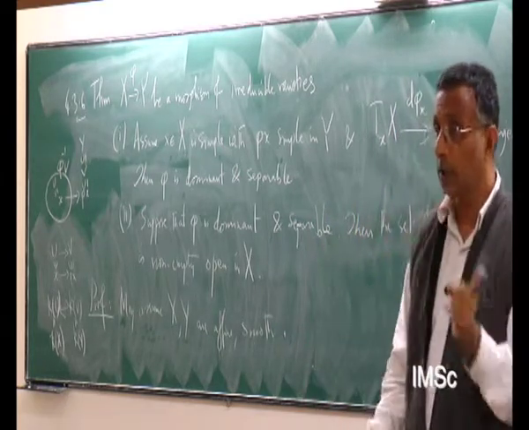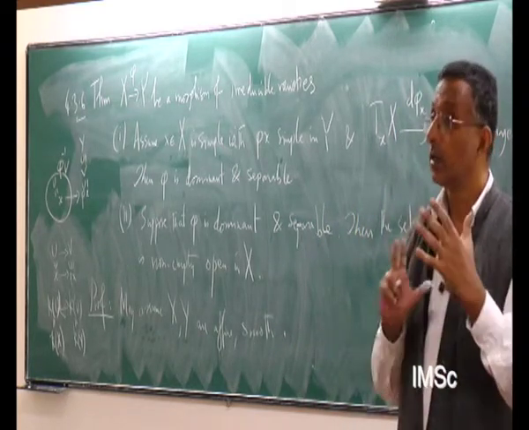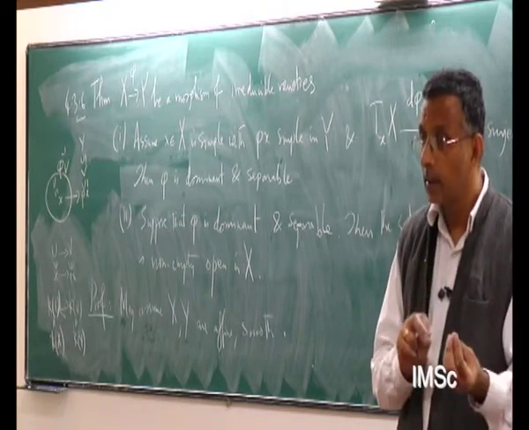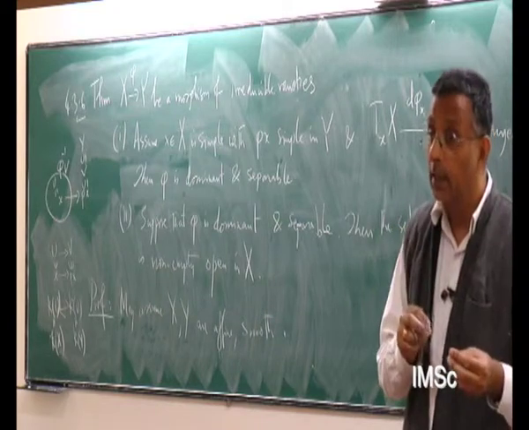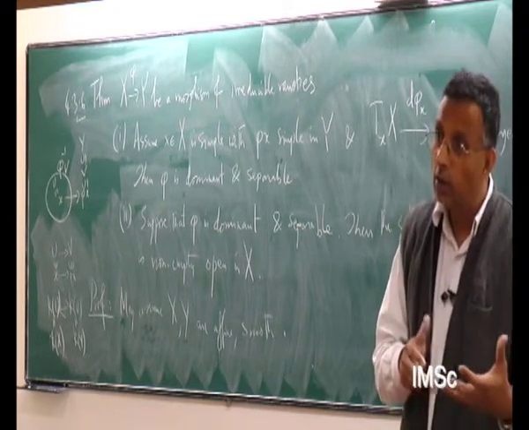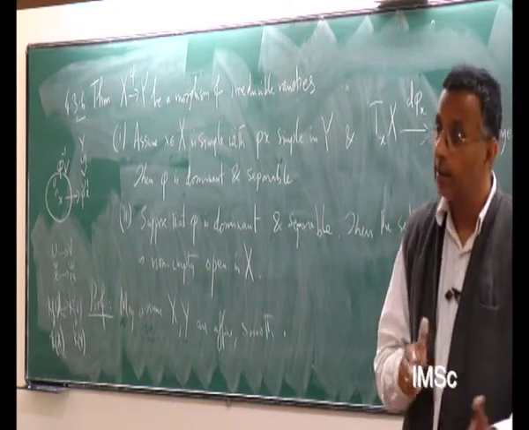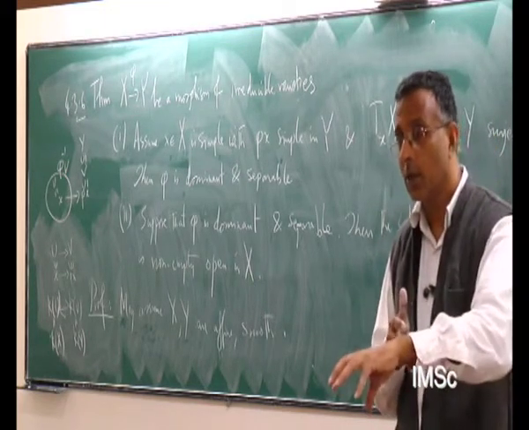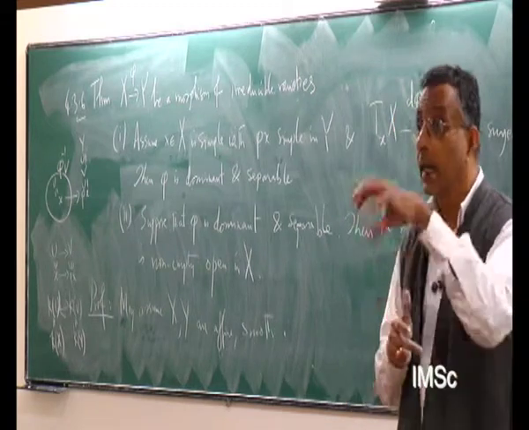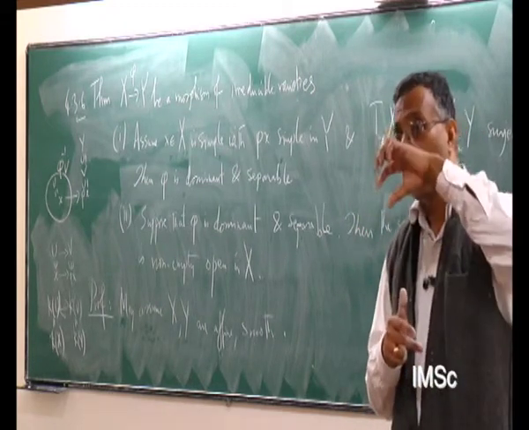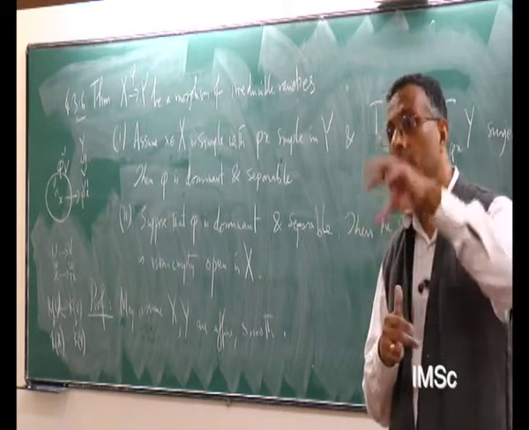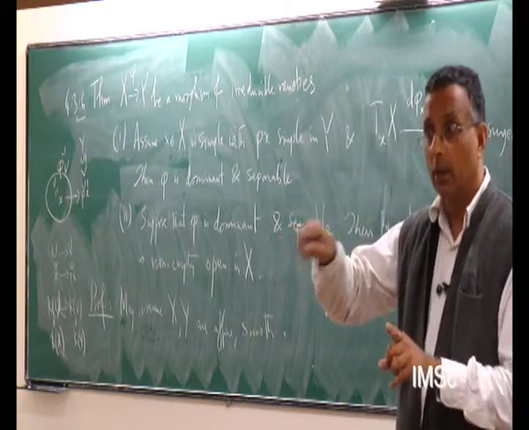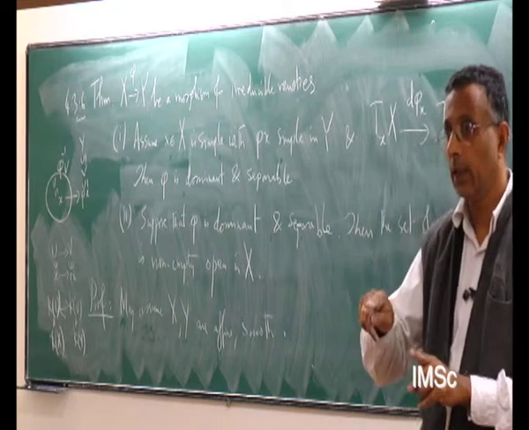Now I look at the inverse image of V. Now that's an open subset of x, right? I intersect it with the smooth locus in x, that is open in the smooth locus of x, and then I choose an affine open inside that, that will map to V. I call that U, right?